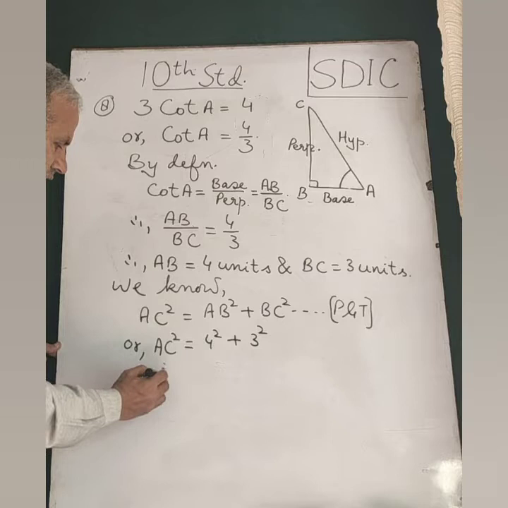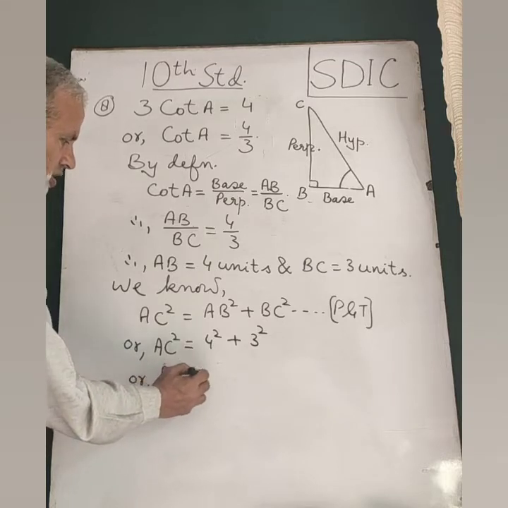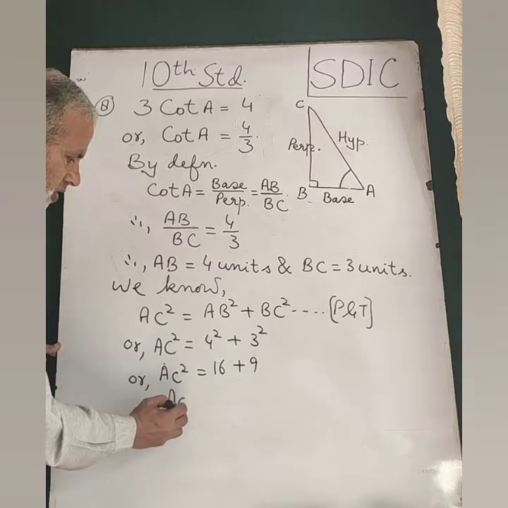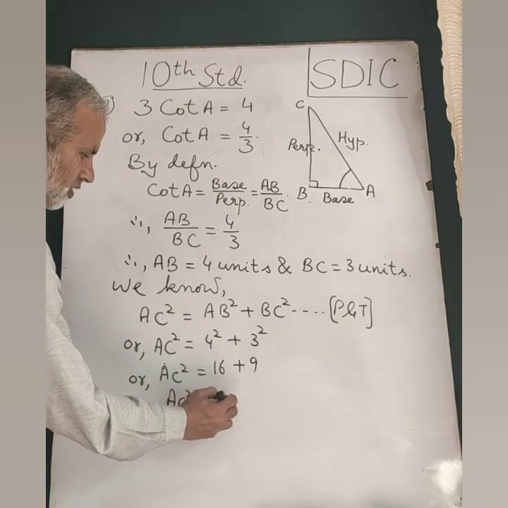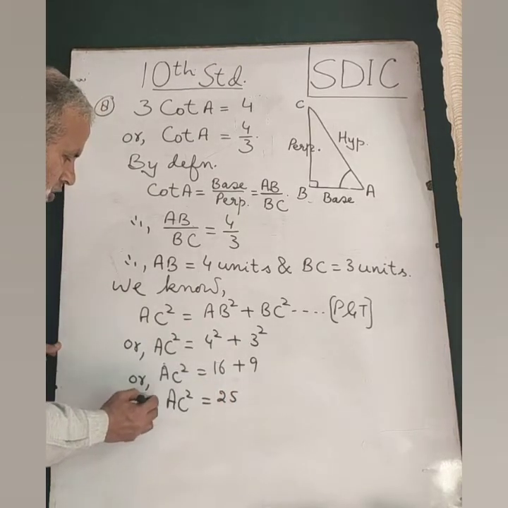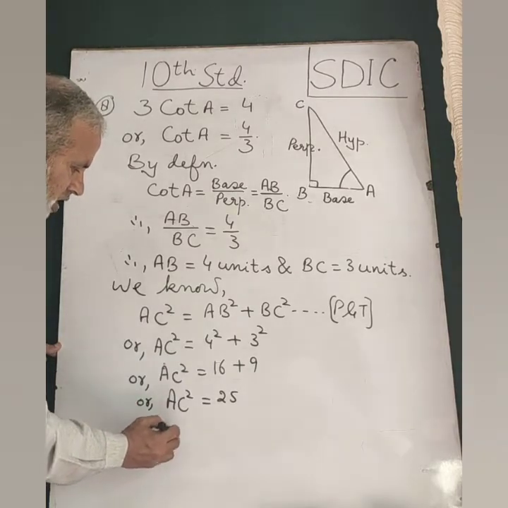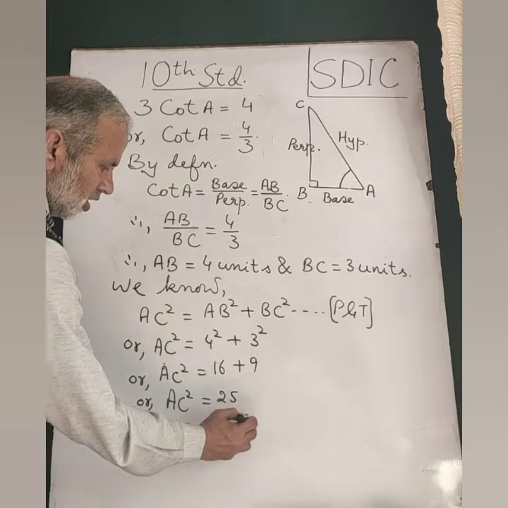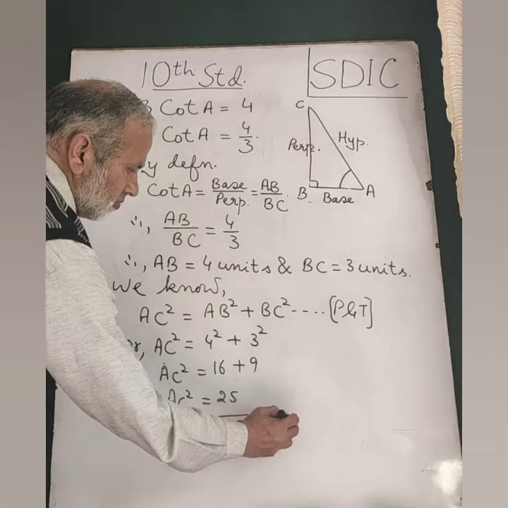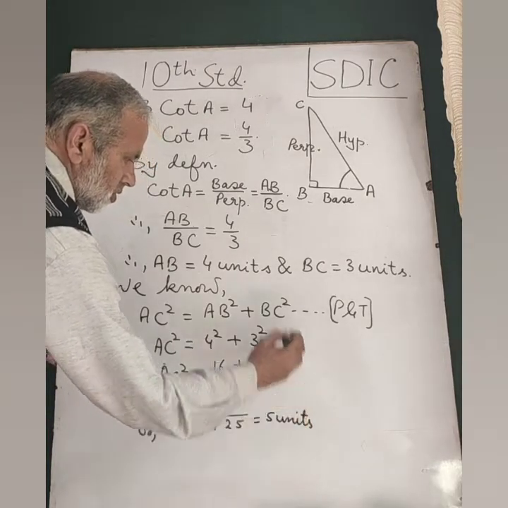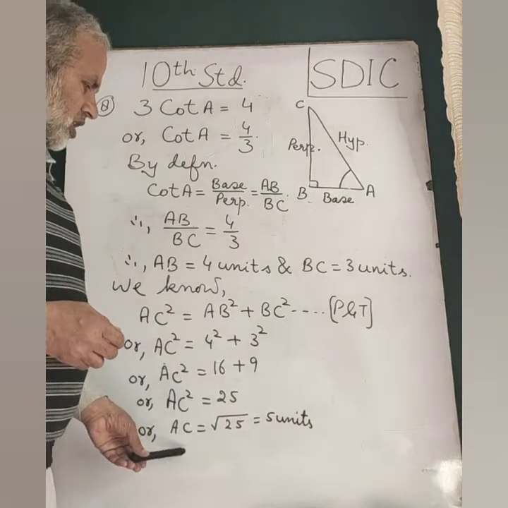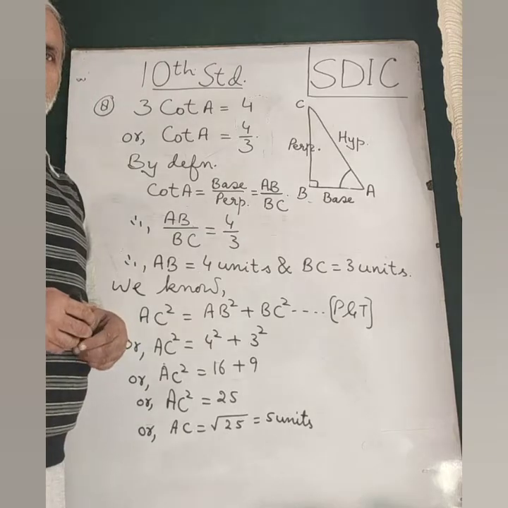Simplifying further, AC square will give you 16 plus 9, that is 25. AC square is therefore 25. We'll transpose the square. AC will be equal to square root of 25, and that will be 5 units. Length of the third side we therefore got, AC is 5 units.